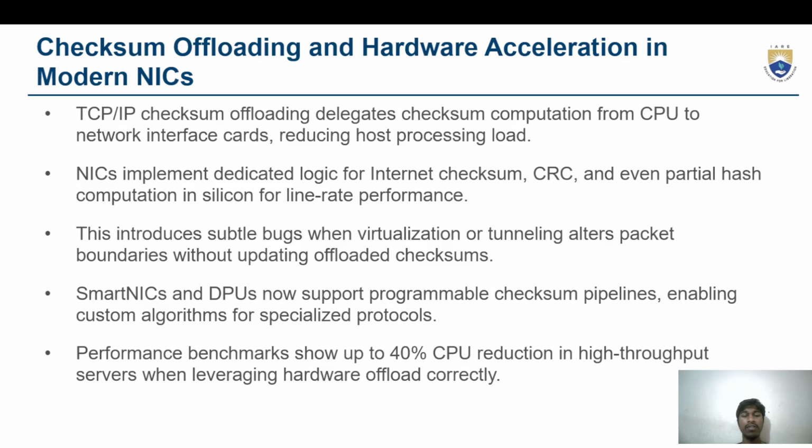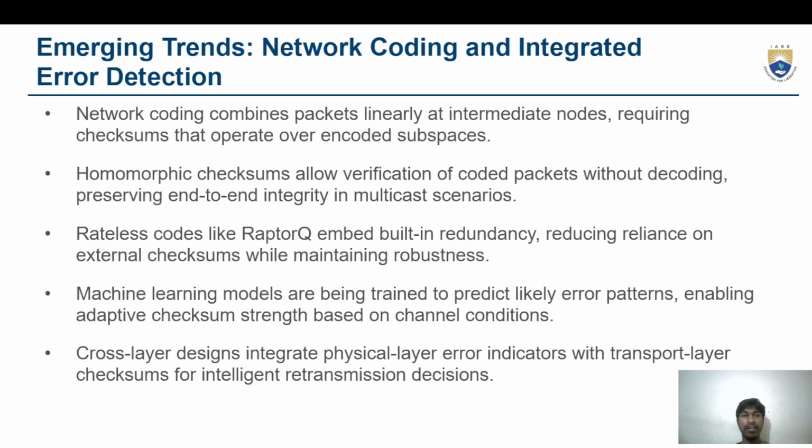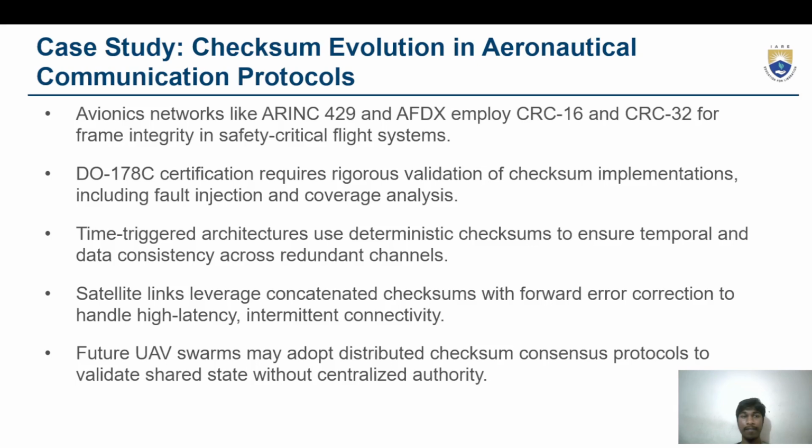Performance benchmarks show up to 40% CPU reduction in high-throughput servers. Emerging trends: network coding and integrated error detection. Network coding combines packets linearly at intermediate nodes, requiring checksums that operate over encoded symbols. Cross-layer designs integrate physical layer error indicators with transport layer checksums for intelligent retransmission decisions.